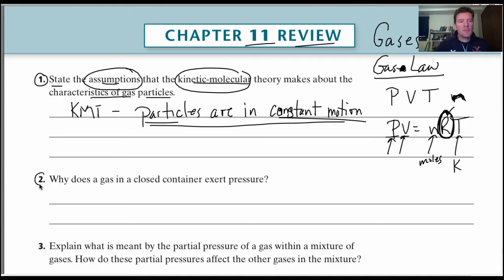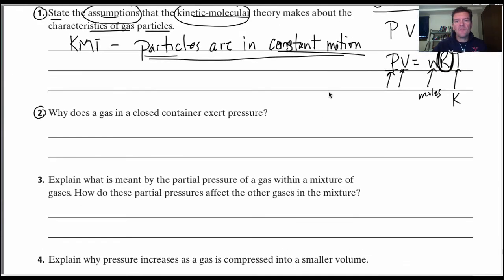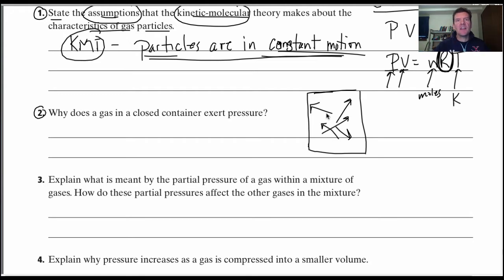Okay? Number 2, why does a gas in a closed container exert pressure? Well, in a closed container, you basically are restricting the motion of the gas particles. And gas particles, remember, they're always in constant motion, and they are going to be moving in different directions as they expand and as they carry that energy with them, that kinetic energy.